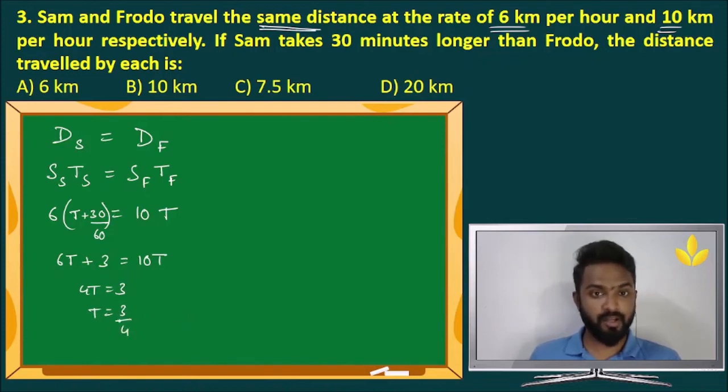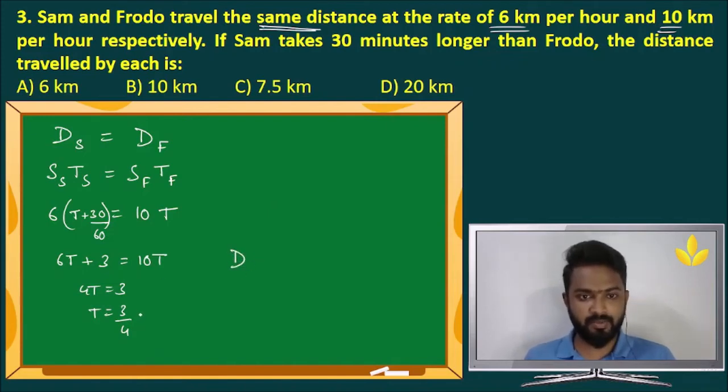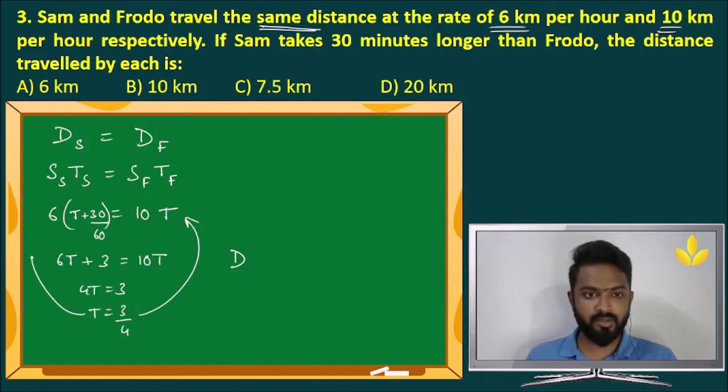But this is not the final answer. They have asked what is the distance traveled by each. The distance traveled. Okay. So we have d, that is the distance. We can substitute this here, or we can substitute this here and we'll get the same answer because distance traveled by both is same. Obviously the RHS is much easier to calculate with than the LHS.